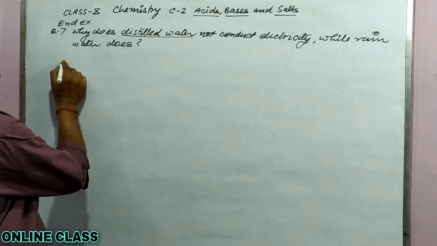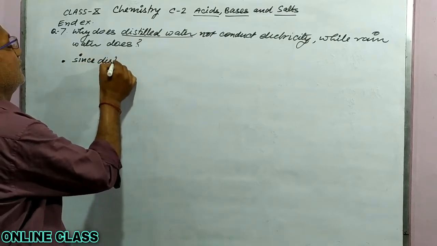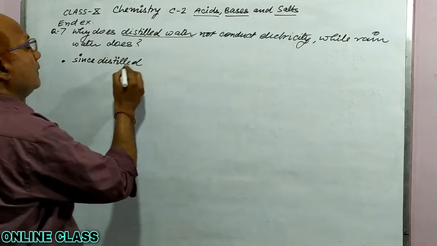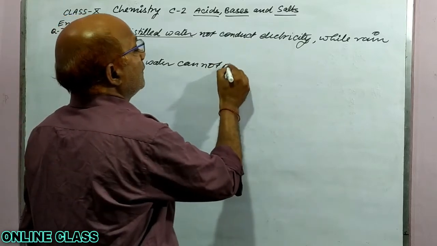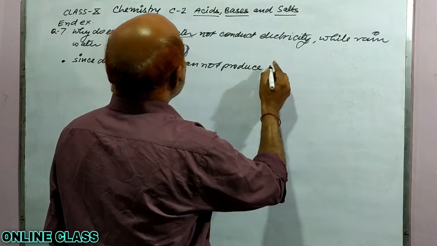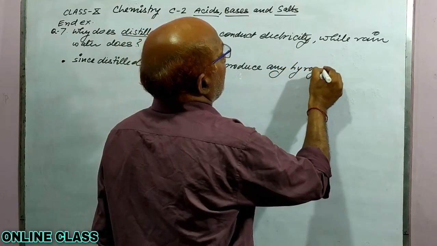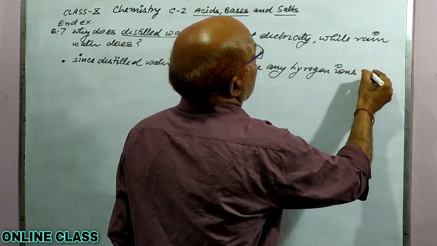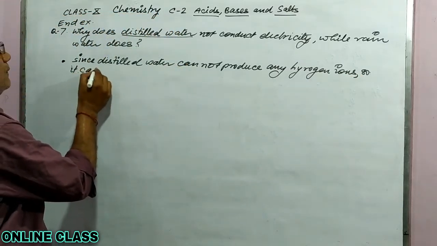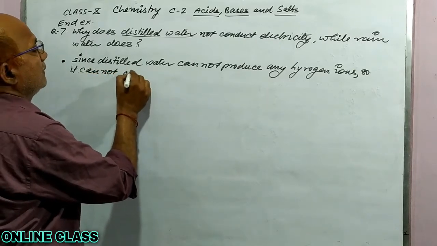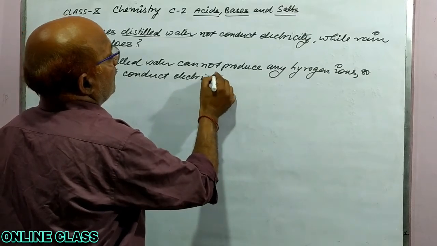So, you can write this answer like, since distilled water cannot produce any hydrogen ions, so it cannot conduct electricity. Okay.